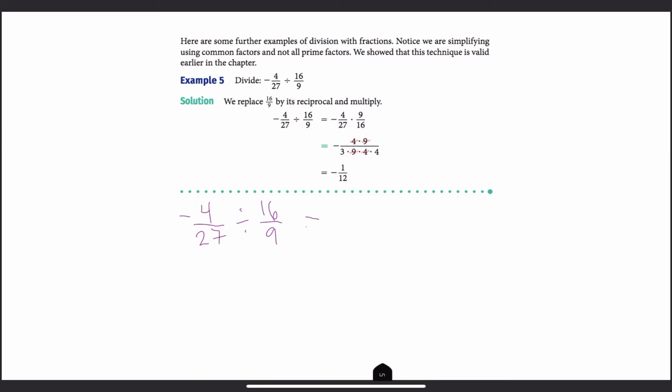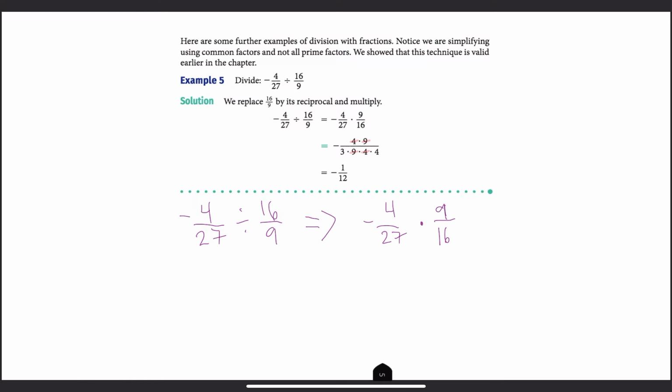Instead, we will have to multiply by the reciprocal. So we'll copy the first problem, or the first term down how we see it, and then we will change division to multiplication and reciprocate the second fraction. So it's 9/16. Okay? And I'm multiplying instead of dividing.